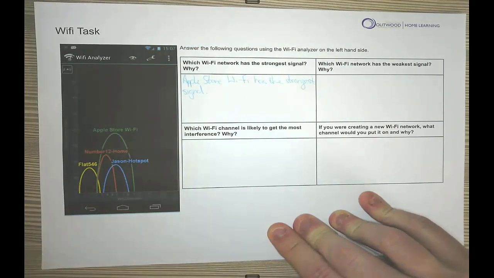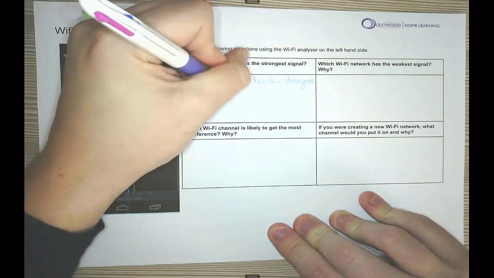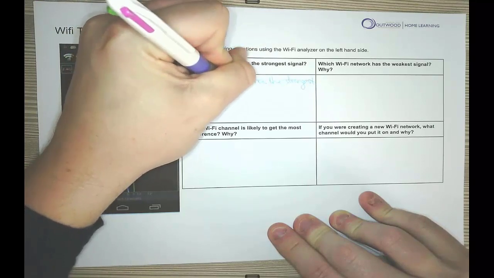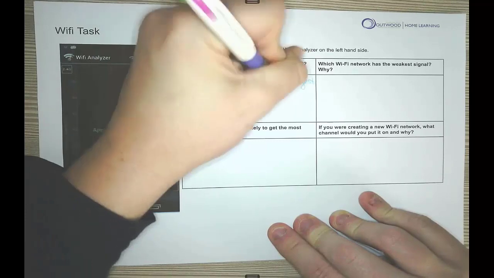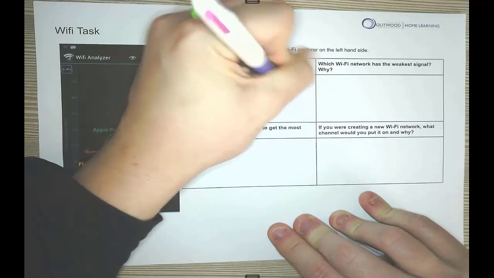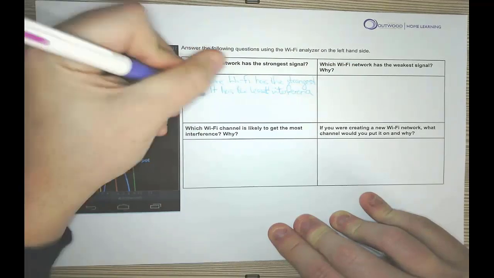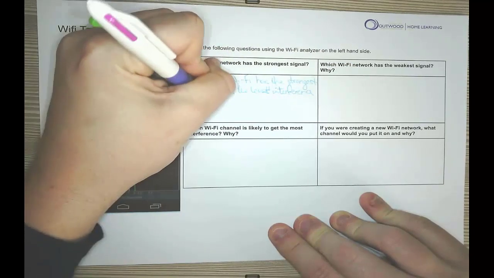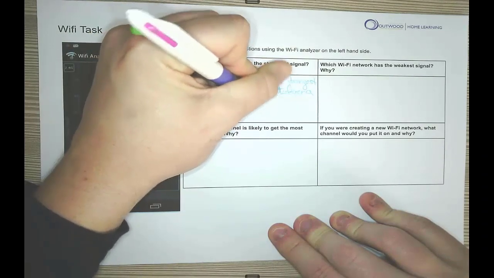Well, it's probably a safe assumption that that is because it has the least interference, or it is the closest network.